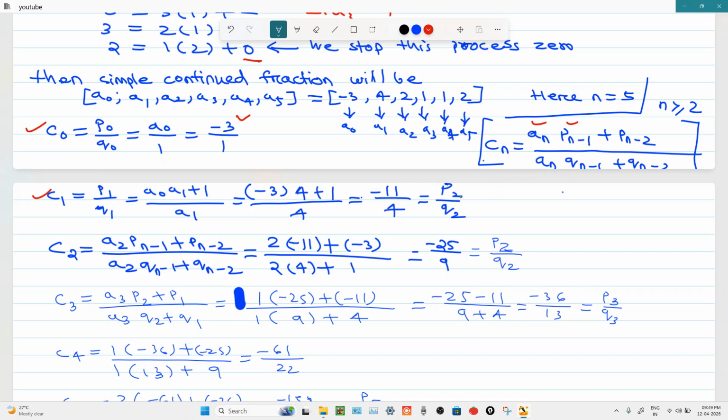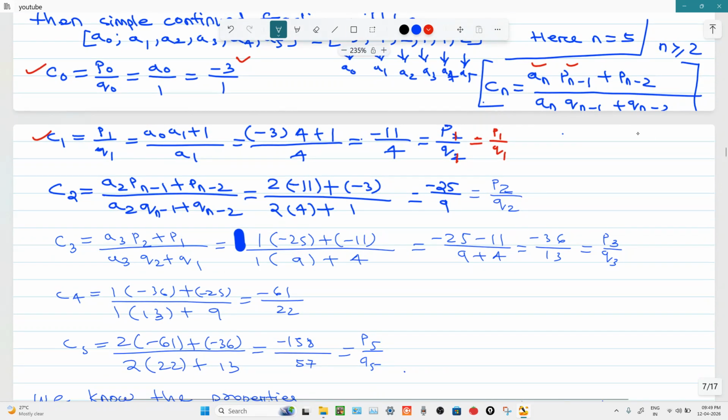So we simply put the values of A, P and Q. For P2, we multiply by the given A2, then multiply the minus 11 and add the next previous term. Then the C2 value comes out as minus 25 by 9. This is the P2 and Q2 value.